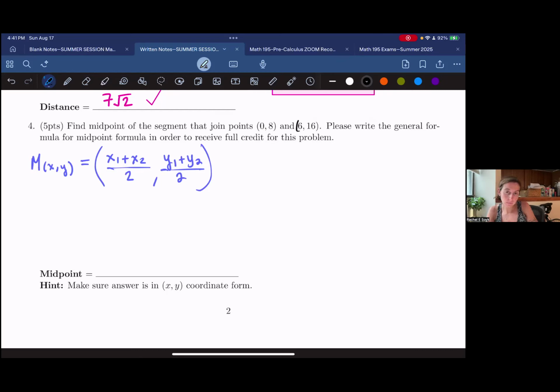Okay. So now let's label our first x and first y coordinate, and then let's label our second x and second y coordinate. And now from here, we're going to just plug in accordingly. So we get 0 plus 6 divided by 2, comma 8 plus 16 divided by 2.